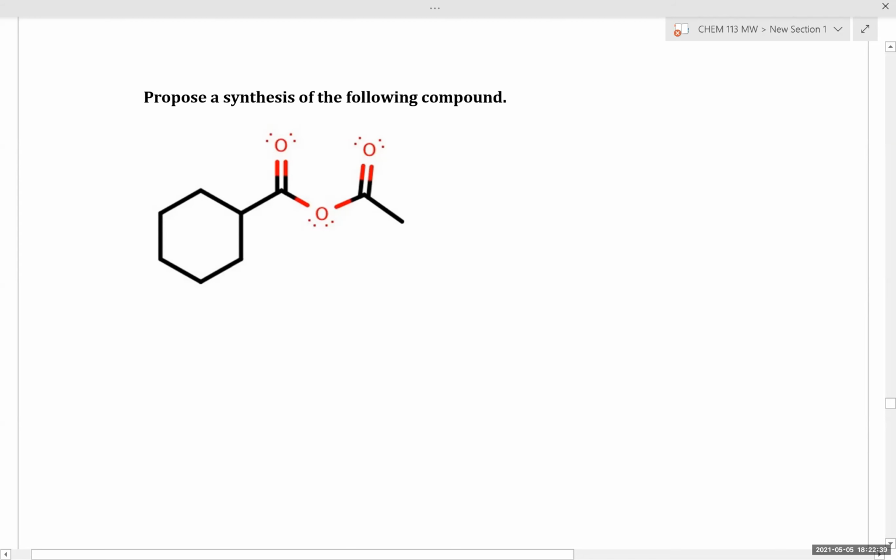You can also share a photo of your written work in the chat, verbally, or annotated directly onto the class whiteboard. And if there are any questions, don't be shy to ask in the chat or verbally. Let's try to propose a reasonable and efficient synthesis of the following asymmetrical anhydride.